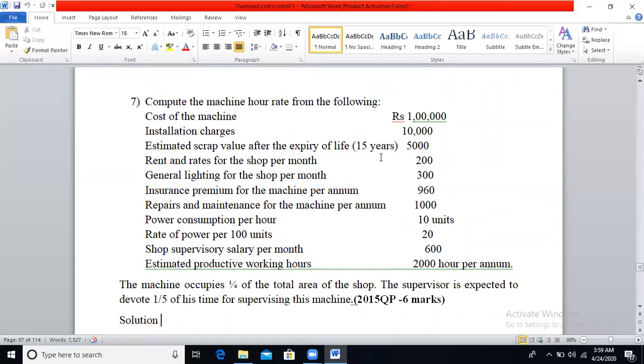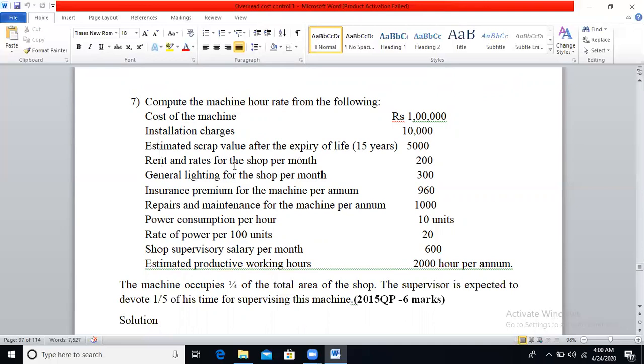And here they have given estimated life of the machine in years. So you have to convert this into estimated life of the machine in hours by multiplying 15 years with the estimated working hours of the machine. Then this will relate to the depreciation, and depreciation is a variable or running expense.